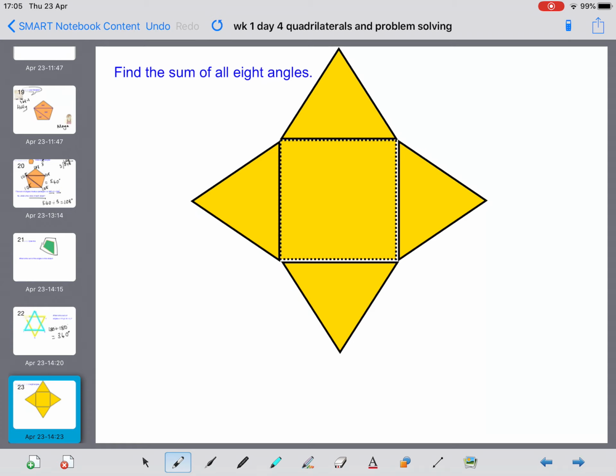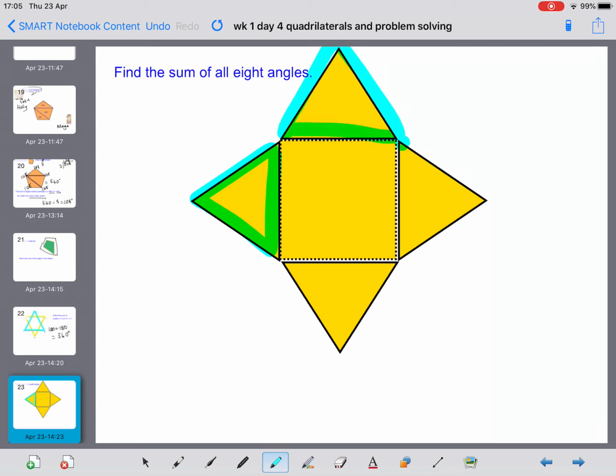Okay, can we find the sum of all 8 of these angles in this shape? Now have a think. What shapes can you see there? Stop the video and see if you can work out what the angles of these shapes will add up to. Okay, so you've got the triangles.